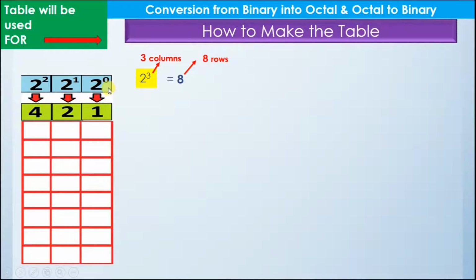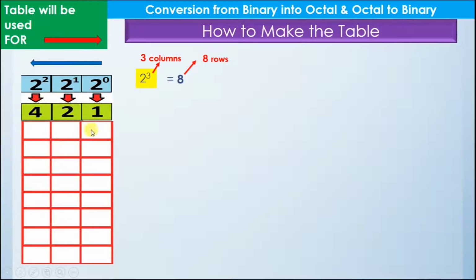Each column has a value that refers to powers of 2 starting from right till left. So the rightmost is 2 raised to power 0, as we know that 2 raised to power 0 is 1. The next is 2 raised to power 1, which is equal to 2. And the next is 2 raised to power 2, which is equal to 4.